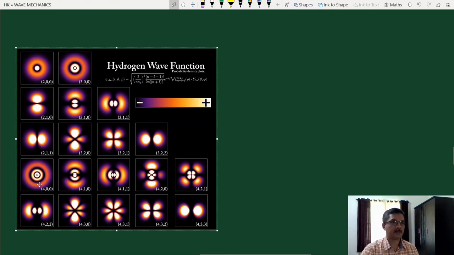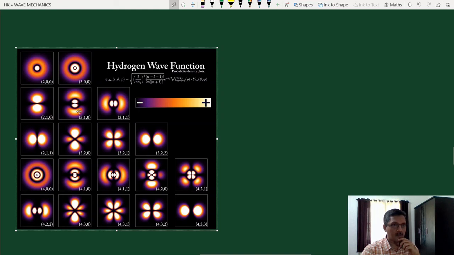These are spherically symmetric. When you consider L equal to 1 state, or L not equal to 0 state, you can see that as ML value increases, the probable density progressively changes from mostly along the z-axis to mostly along the xy plane. See, L equal to 1 case, 1s state to 1p state, the variation is here.